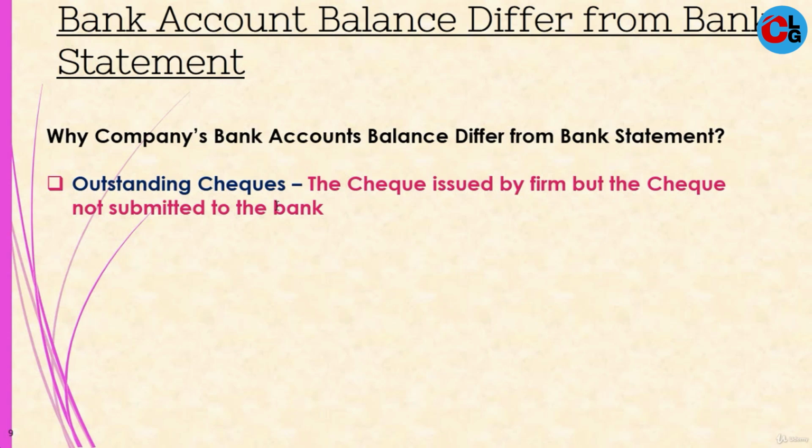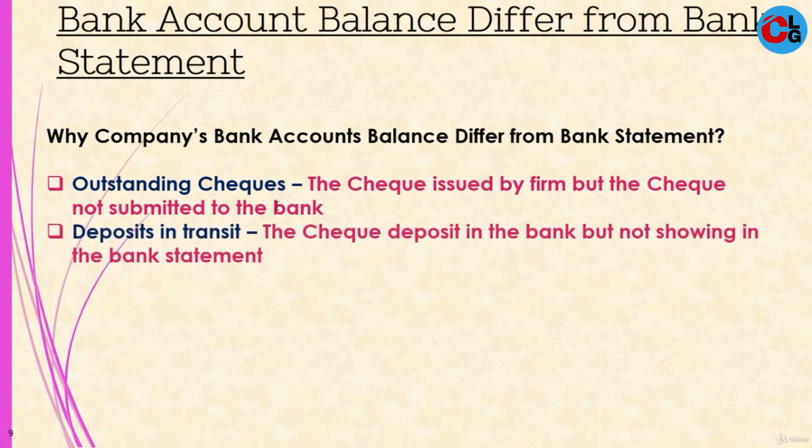The second one is deposits in transit. Deposit in transit means the check is deposited in the bank but not showing in the bank statement. If we deposit the check, we record it in our company's book, right?